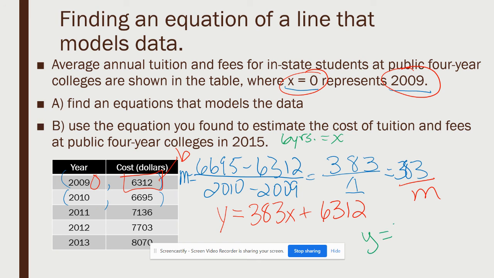So y equals 383 times 6 plus 6312. 383 times 6 is 2298, plus 6312. It'll roughly cost us $8,610.